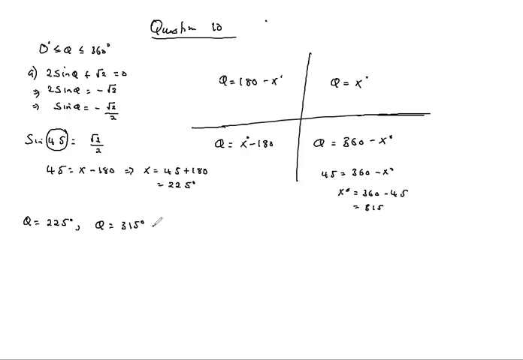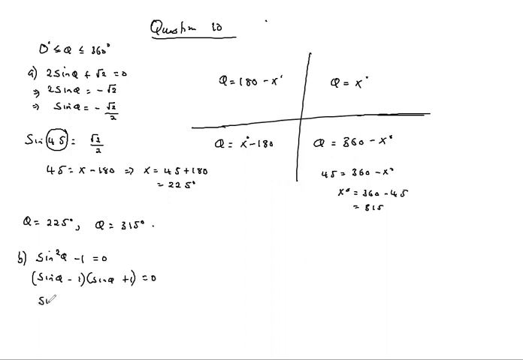Okay? So what about B? B, sine squared theta minus 1 is equal to 0. So how do I get the solution? Just say, okay, this is just a difference of two squares. So I have sine theta minus 1, and also sine theta plus 1 is 0.